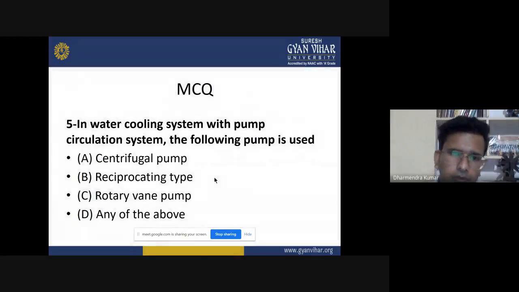Now the next question is: in a water cooling system with pump circulation, the following pump is used.